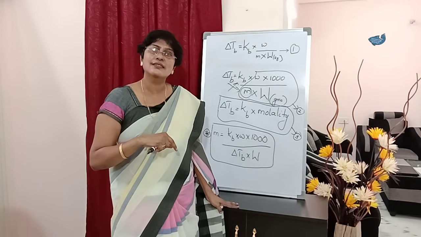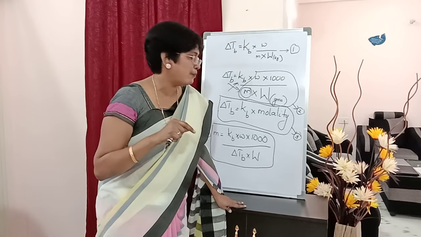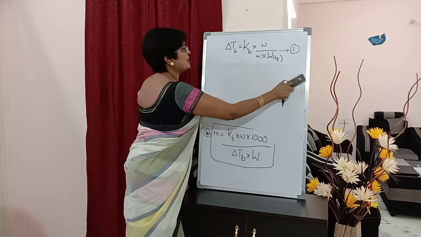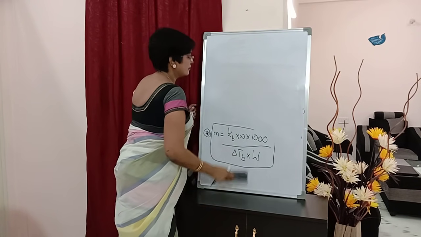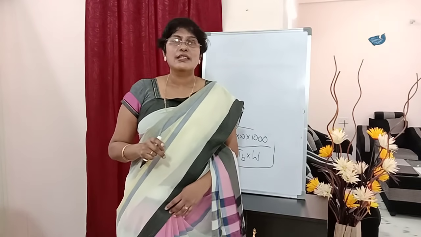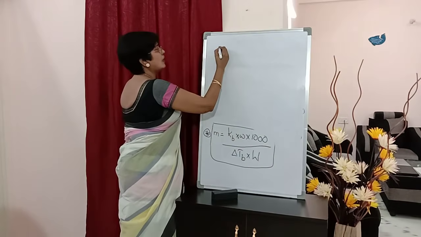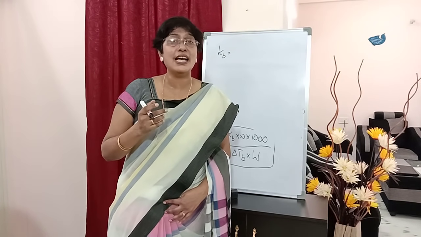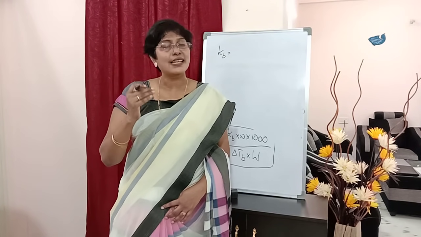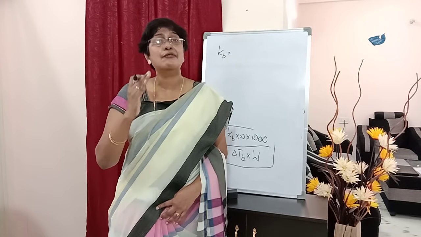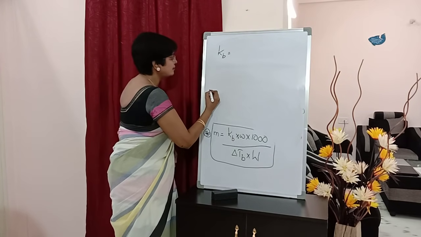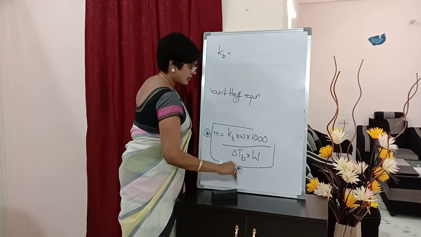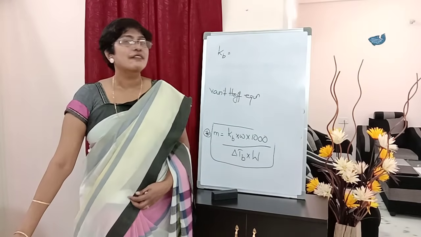Kb is the characteristic feature of solvents and can be determined from the Van 't Hoff equation. We need not derive this.